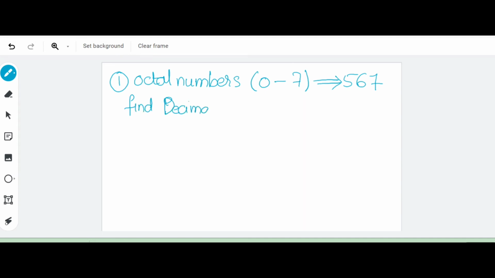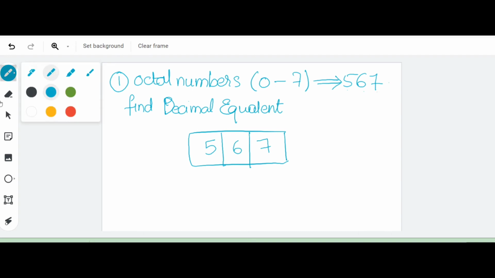Everything is positive, there is no dot. So first write 5, 6, 7 in a box for further understanding. The powers go from the right: 8 power 0, 8 power 1 and 8 power 2.